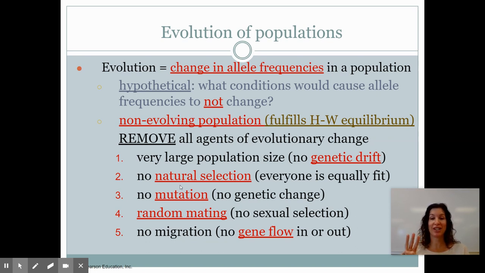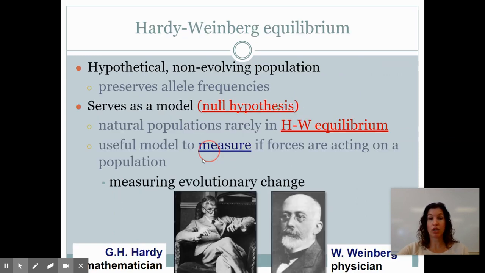So there's no genetic change. There's no variation. And then number 4, random mating happens. So there's no sexual selection. There's no preference in mating. It's just completely random. And then number 5, no migration. So no individuals coming in or out of the population. So there's no gene flow. And again, we'll talk more about gene flow in a little bit.